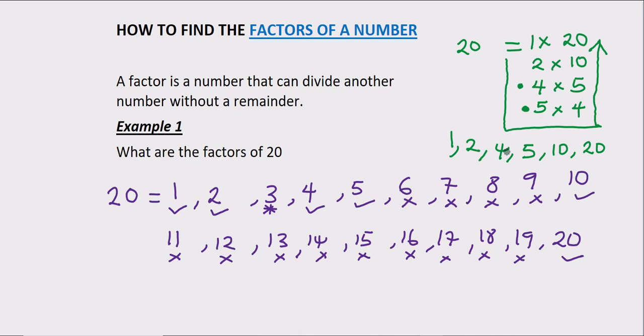Now comparing this, we have 1 here and we also have 1 here. We have 2, we have 2, we have 4, we have 4, we have 5, we have 5, we have 10, we have 10, and we have 20, and we have 20. You can see that what we did initially is exactly the same thing we are having here.